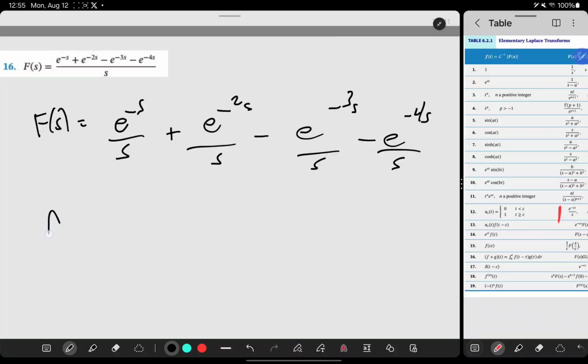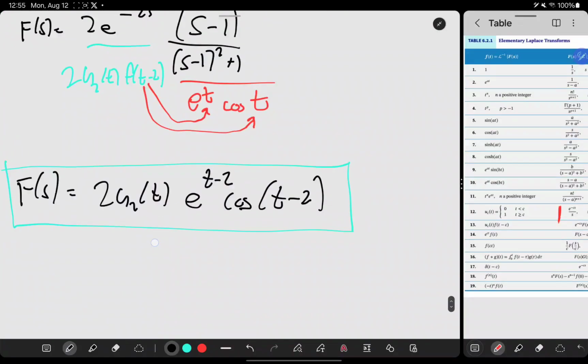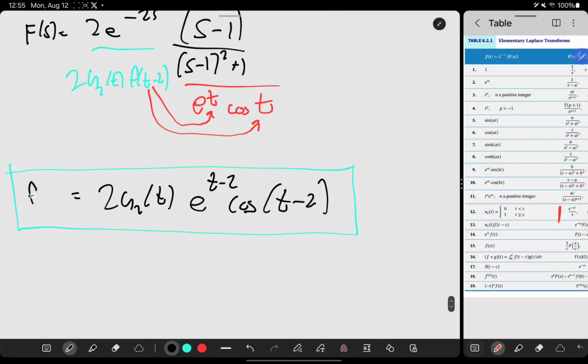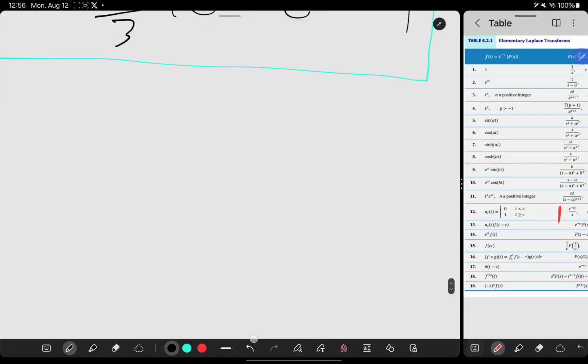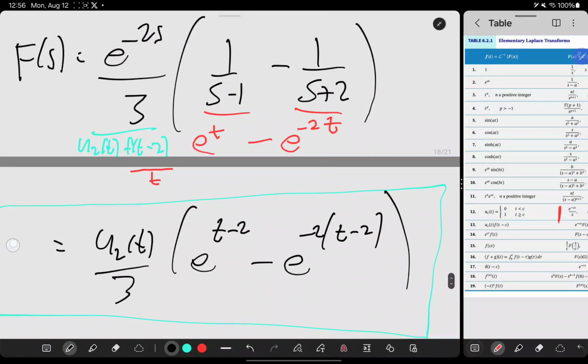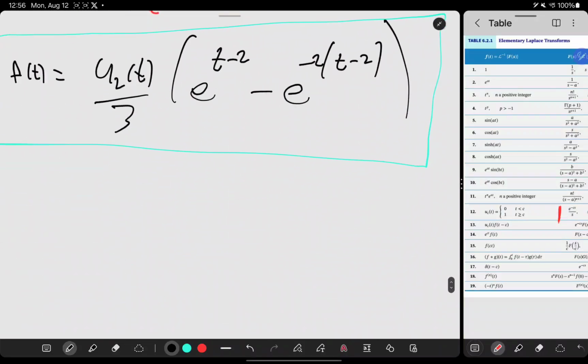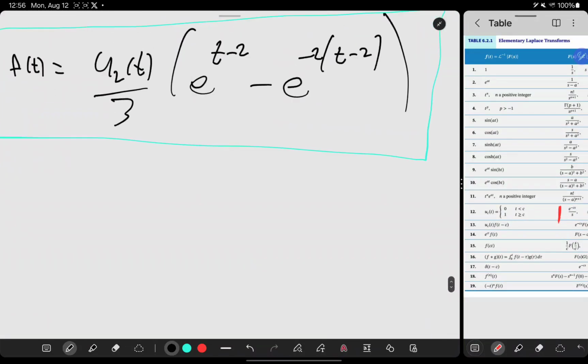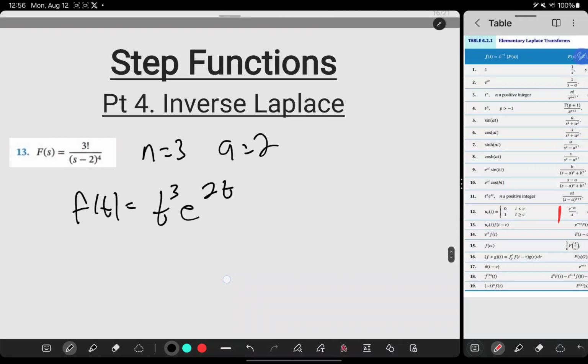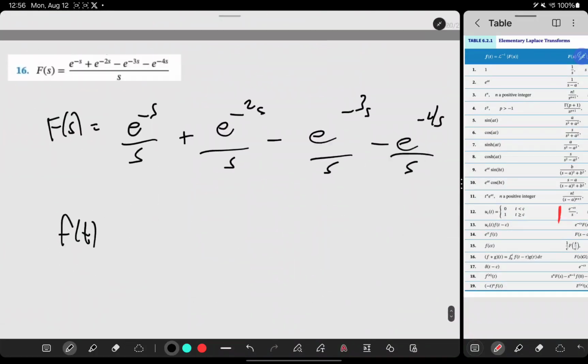So our f of t, sorry, this is not f of s, my bad. That is 100% f of t. Did I do that mistake over here? I did it over here too. Hopefully you caught that. That should be f of t. But the one before it, okay, I did that one right.